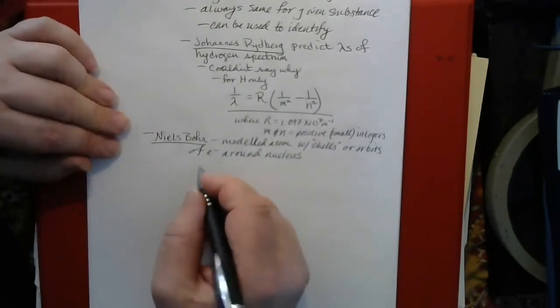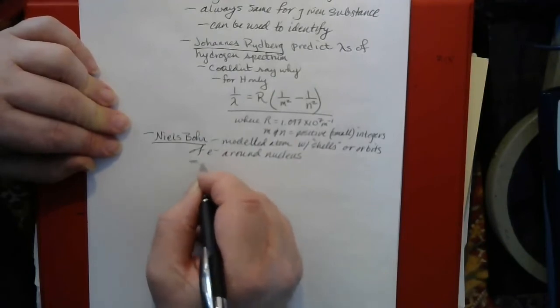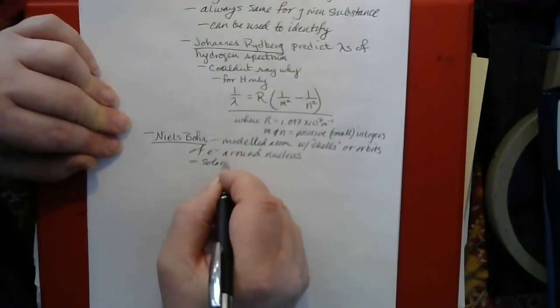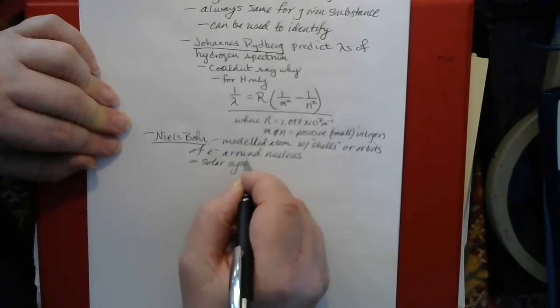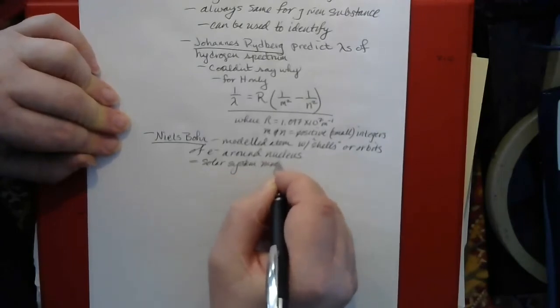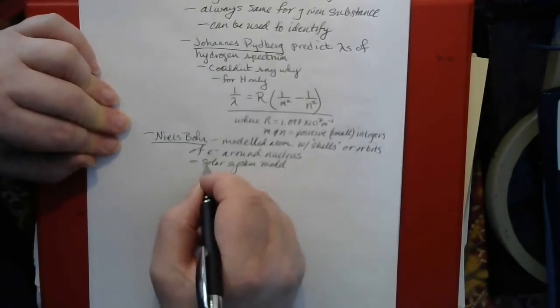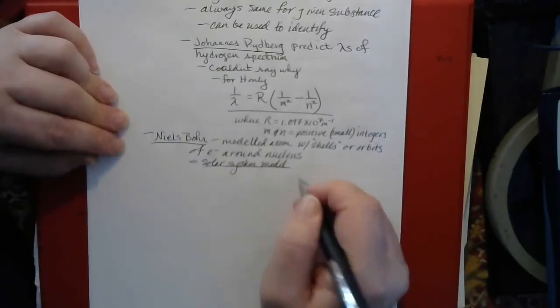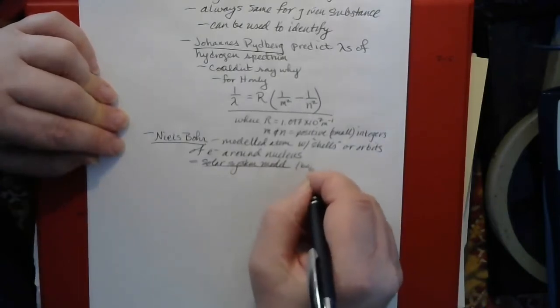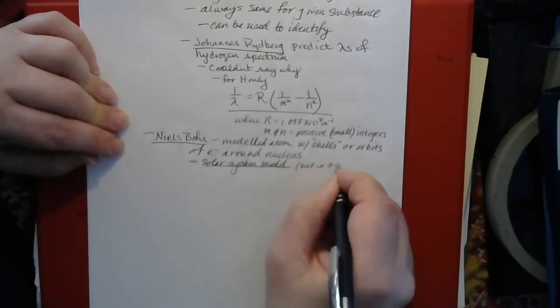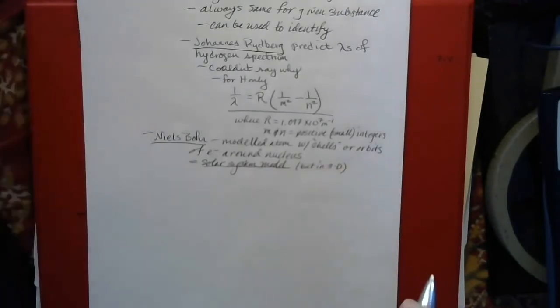And this is also sometimes known as the solar system model, as well as the Bohr model, where you have electrons orbiting around the nucleus, much in the same way as you have planets orbiting around the sun.